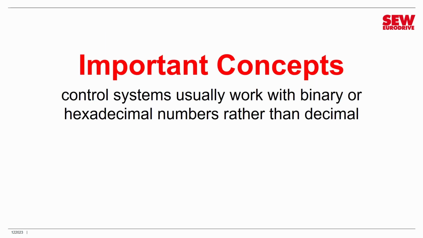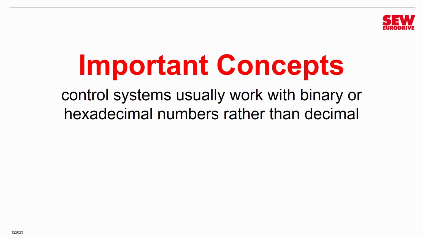Now, an important concept here. Control systems usually work with binary or hexadecimal numbers rather than decimal. Decimal, as you know, is the kind of numbers that we learned in kindergarten, numbers based on units of 10 and fractions based on units of 10 as well. Control systems really don't work too well with decimal numbers. Binary works really well. We turn things on and off with it. We're interested in individual bits.